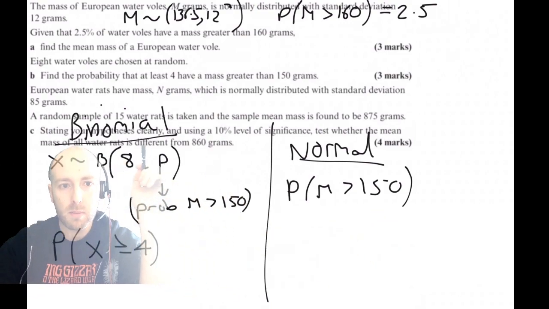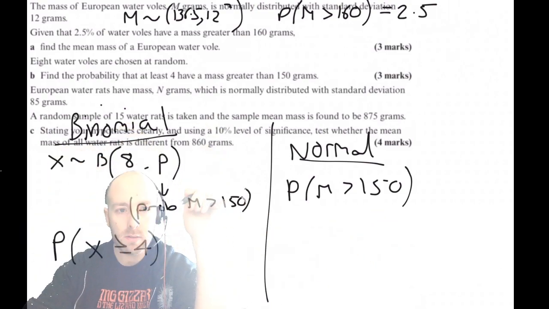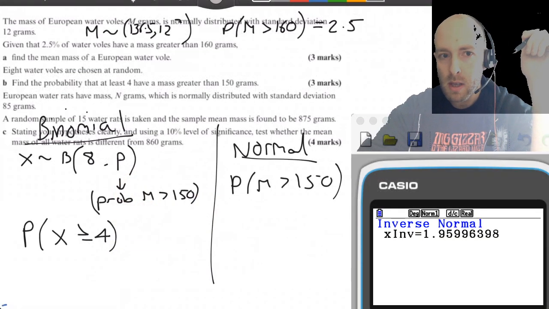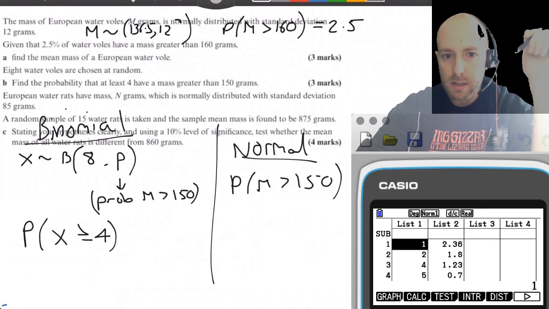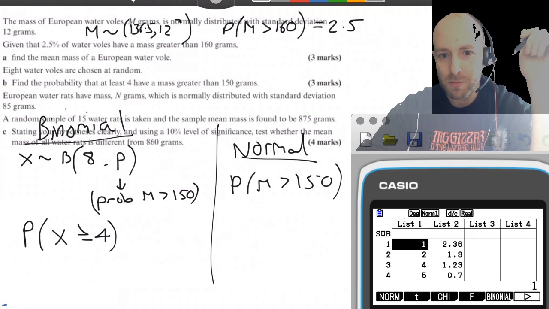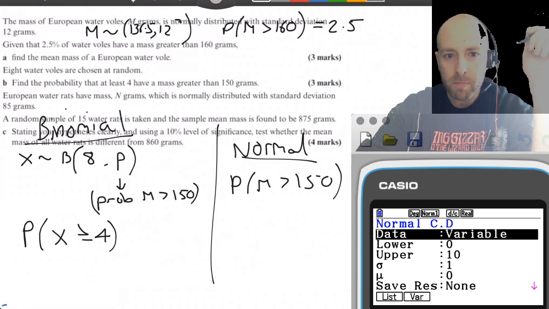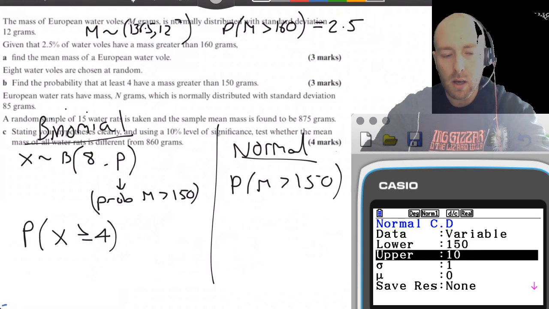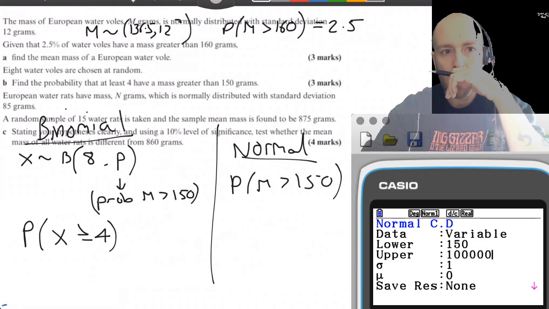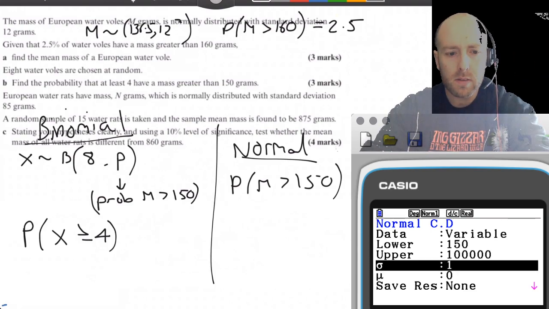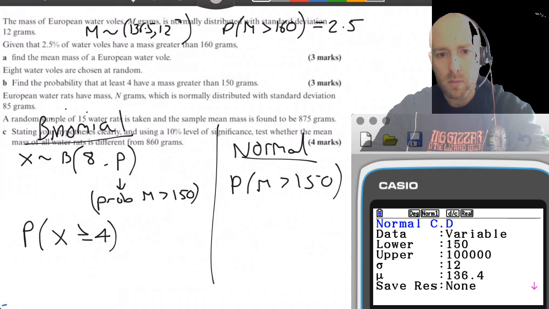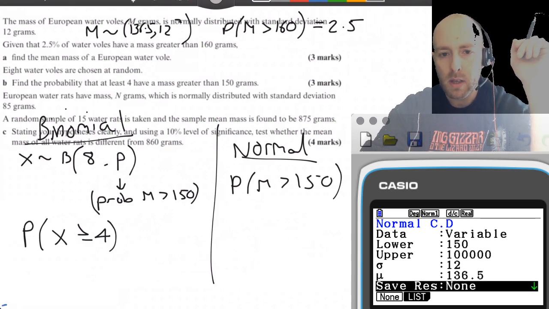We're going to find this, put it in here, and then that's our answer to part B. If we bring back the calculator, it's not inverse this time, it's a normal distribution. So go to normal, NCD, lower is going to be 150, upper is something big, sigma is 12, and mu is 136.5.